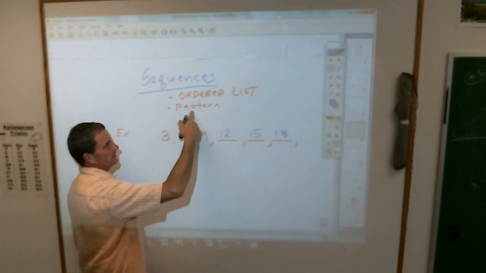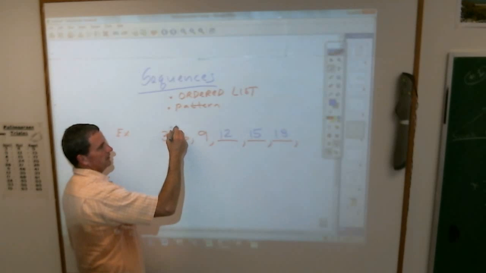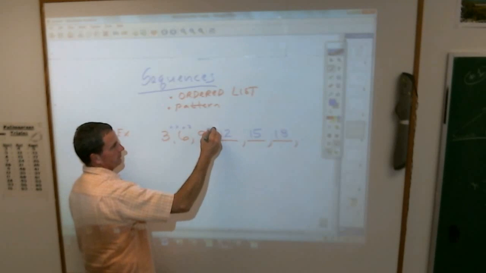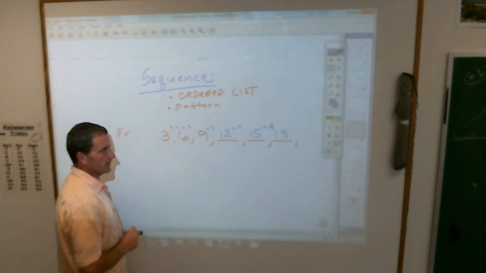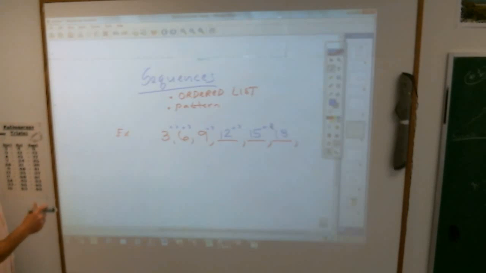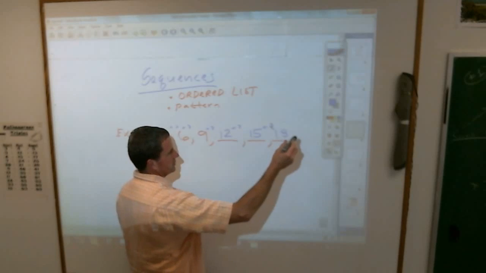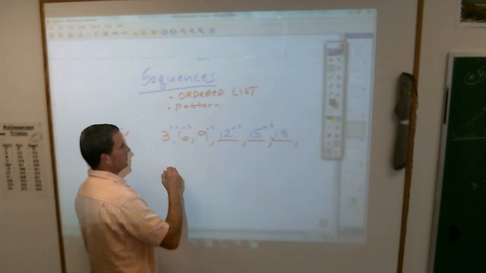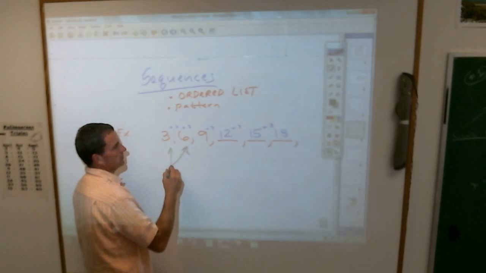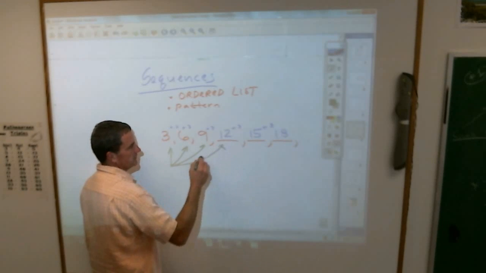Why is it? Because in this sequence the pattern is adding 3 all the time, right? Adding 3, adding 3, adding 3. And a lot of times they will ask you for a term. Each one of these things is called a term in the sequence.